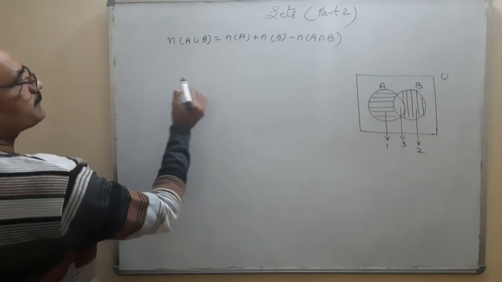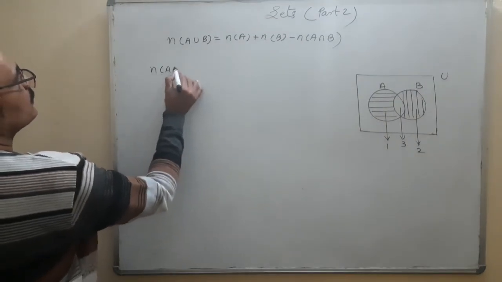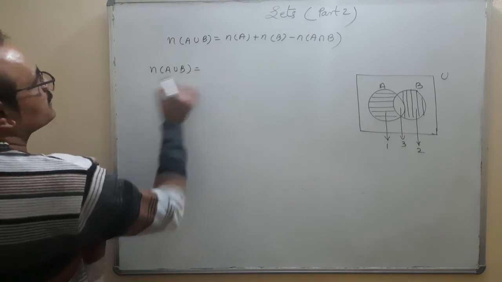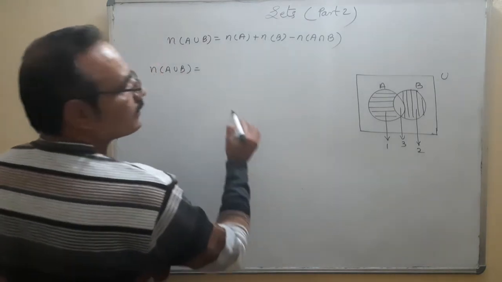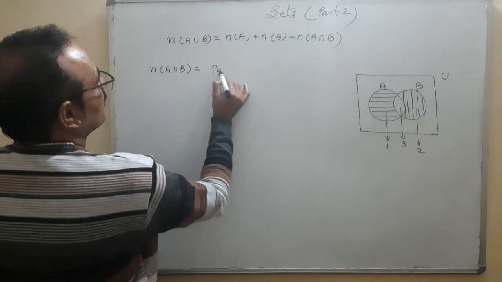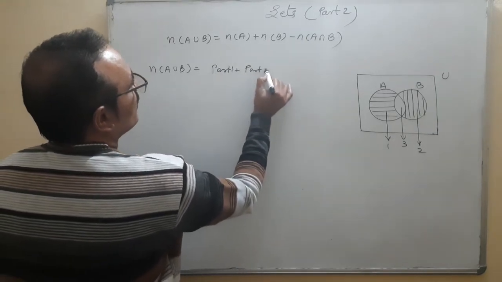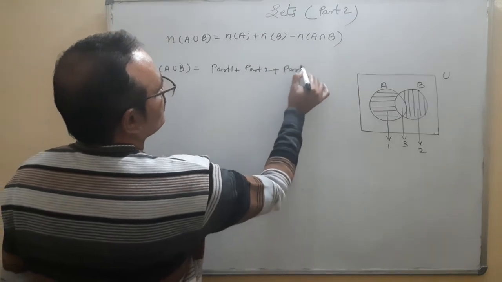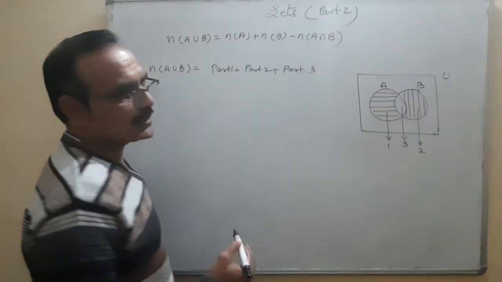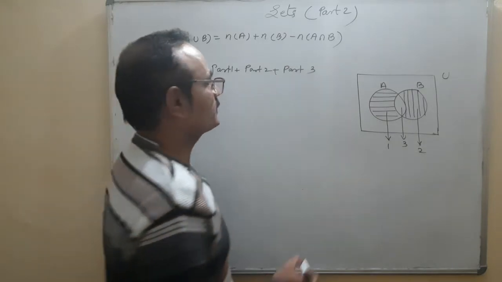So may I write here? n(A union B) is equal to part 1 plus part 2 plus part 3. Area wise or element wise, whatever you want to do.